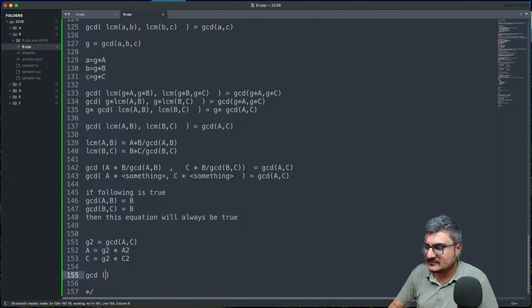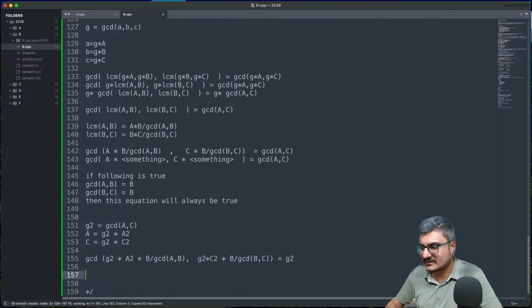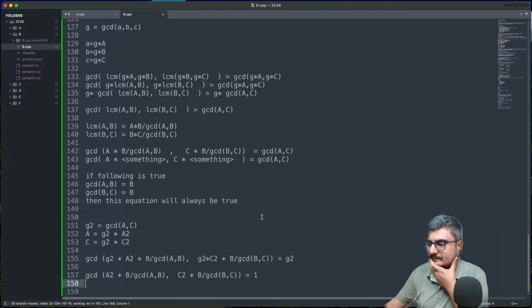Then we will end up with GCD of G2 into A2 into B divided by GCD of A comma B, and G2 into C2 into B divided by GCD of B comma C, which is equal to your G2. And again, you can move G2 out from this side and divide it from both sides. You will end up with this. This is one.